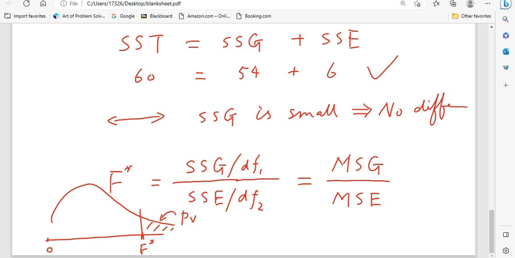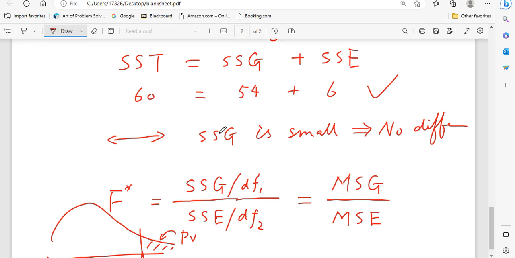If this number is big, then SSG is big. So if F or SSG is big, then we say, oh, they have a difference, right? Okay, so this is ANOVA.